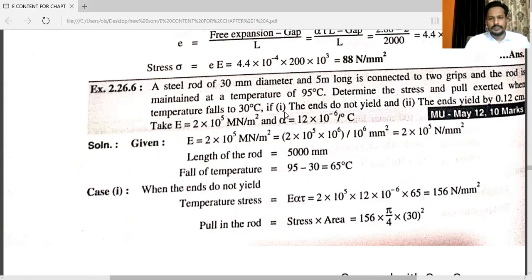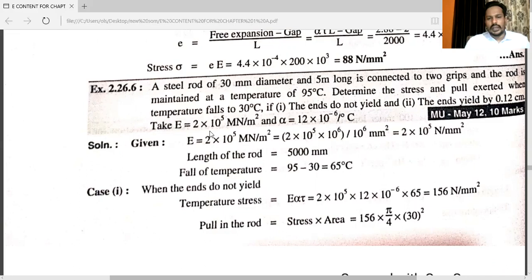If the ends do not yield, first condition is given, the ends do not yield. Second condition, the end yields by 0.12 centimeter. Take Young's modulus E is equal to 2 into 10 raised to 5 mega Newton per meter square, and the coefficient of expansion, that is alpha, is given, that is 12 into 10 raised to minus 6 per degree Celsius.